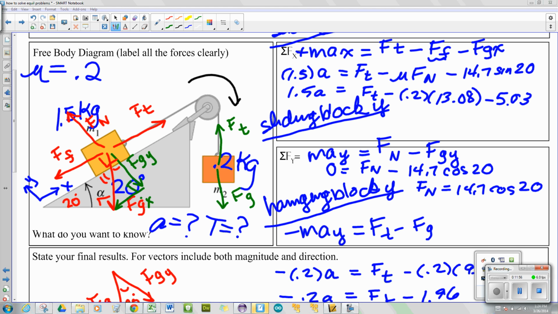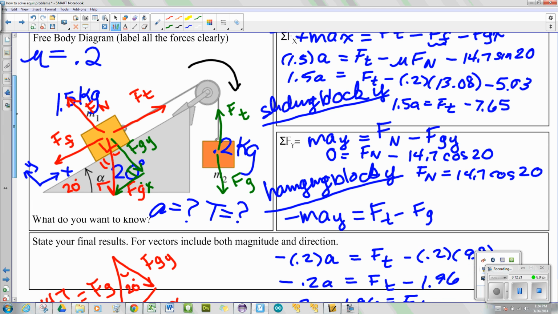So I can simplify that down to 1.5a equals Ft minus 7.65. And be careful about your positive and negative signs in these problems. All right, so now I'm going to take that right there.